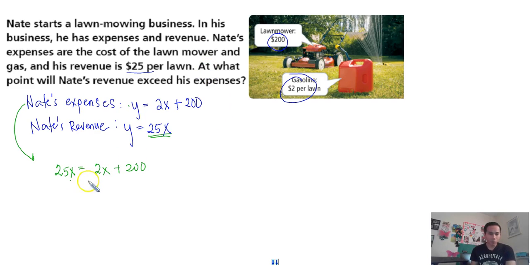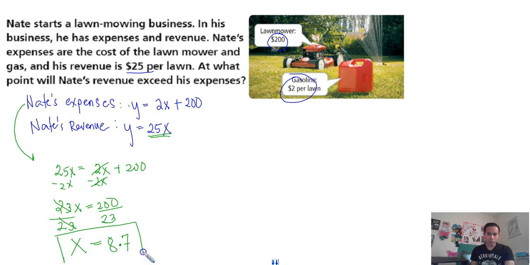So I'm going to subtract 2x both sides. So this will be cancelled. So I have 23x is equal to 200. And then divide both sides by 23. So the value of x here would be approximately 8.7.